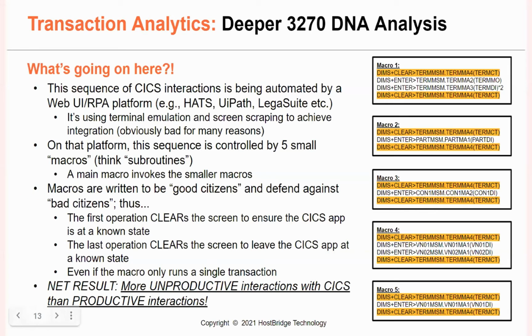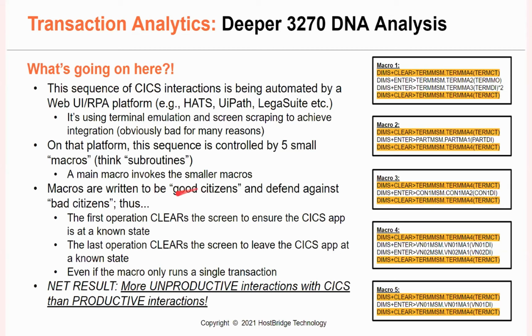The macros are written to be good citizens and defend against bad citizens. The first operation each macro performs is a clear key to ensure that they know on what screen the process will start. So they're trying to defend against another macro leaving the session in an odd state.